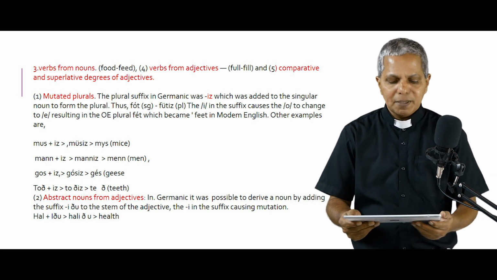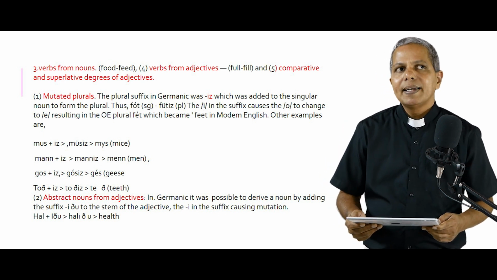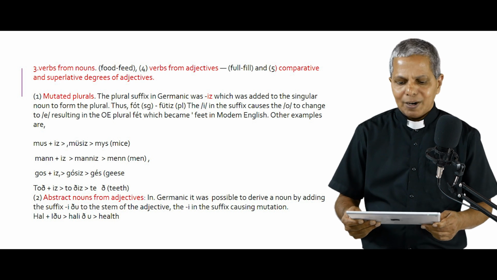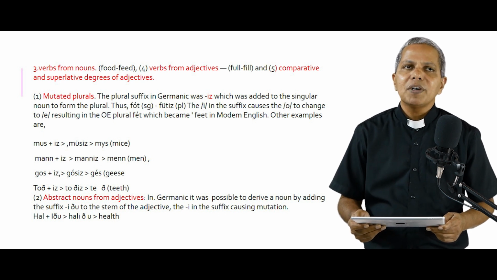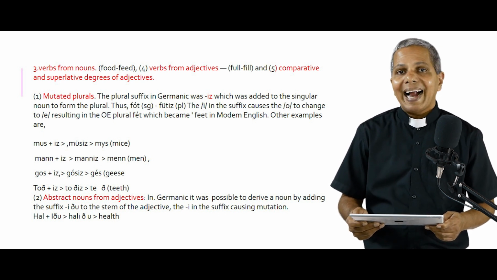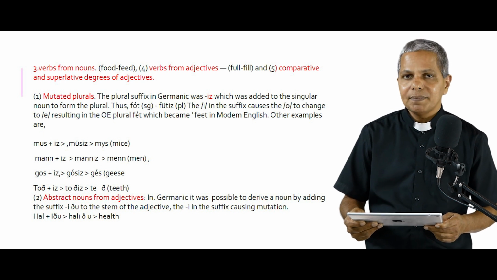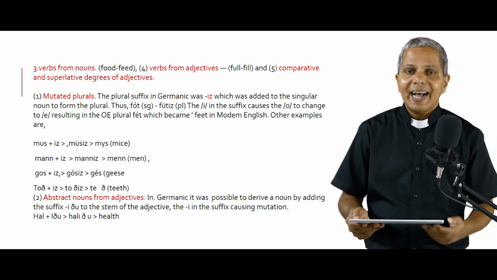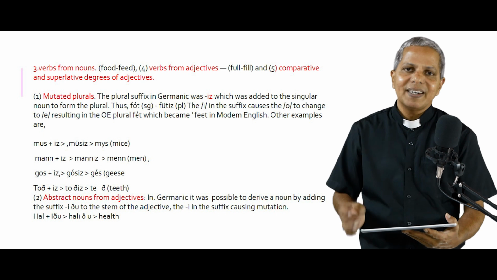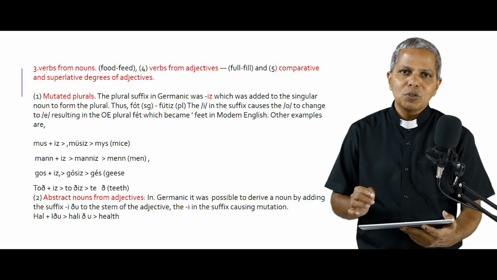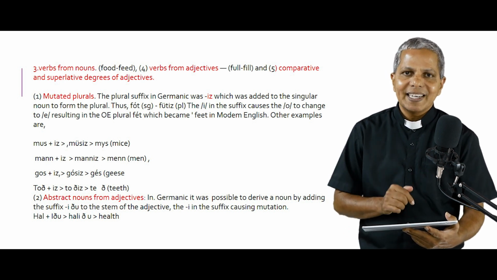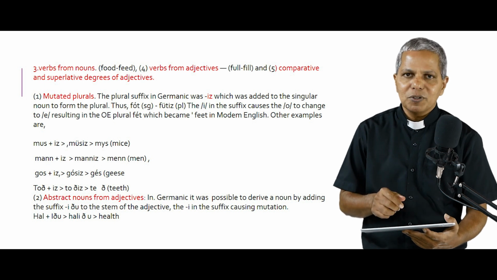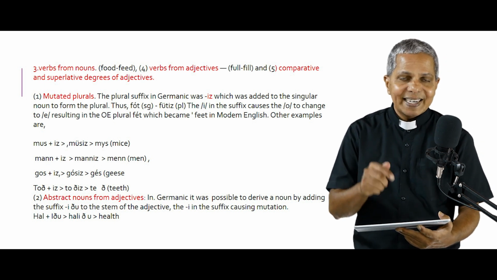Another one is mutated plurals. In Germanic and in Anglo-Saxon, the usual way of forming the plural was by adding the suffix iz. So when iz is added to a word, the vowel of the root syllable gets changed, gets transformed because of the influence of this I in iz.